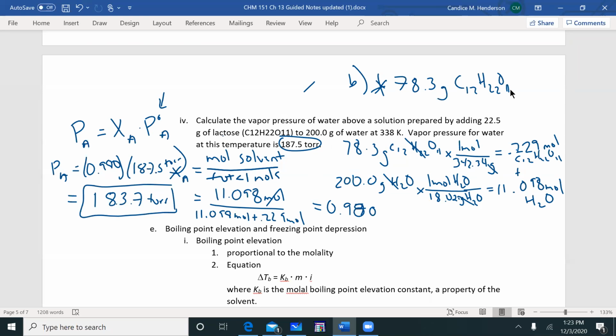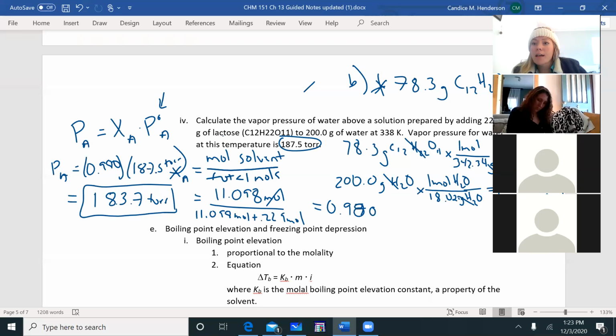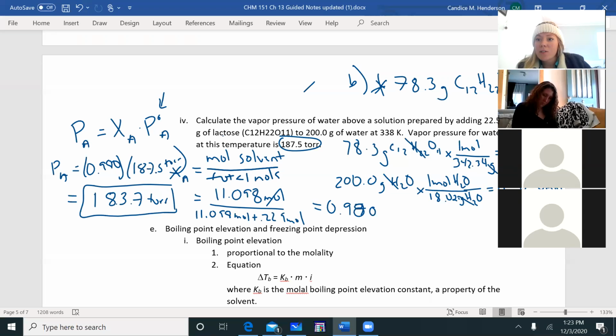So let's move on to the next property, which is boiling point elevation and freezing point depression. Whenever it's cold and icy and snowy, what do you throw on your icy steps? Salt.